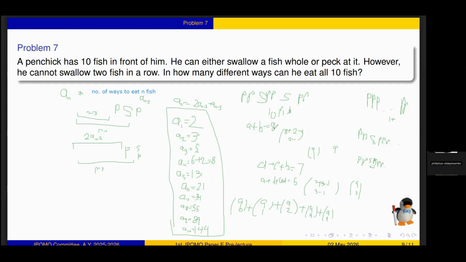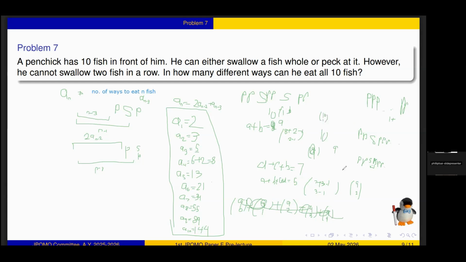Oh, sorry, this is 9. No, it's not 9. Wait, sorry. Yeah, 9 plus 2 minus 1, that's 10. Sorry, it's 10. So it's actually 10 choose 1.